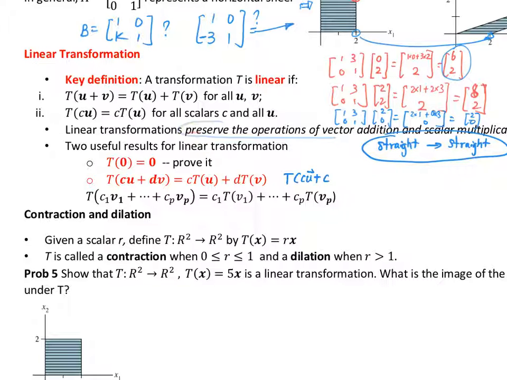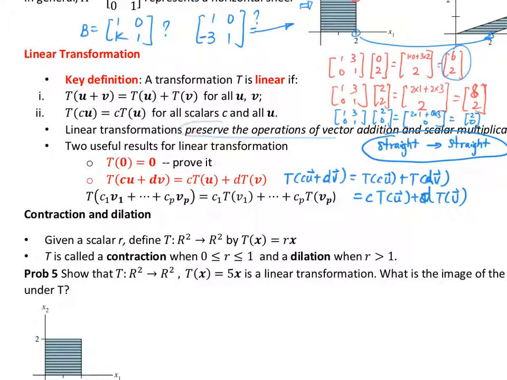So for instance, T of cu plus dv is equal to T of cu plus T of dv, according to property number 1. Now you can pull the c and d out according to property number 2, giving c T of u plus d T of v. So this is how we can quickly prove the second result.